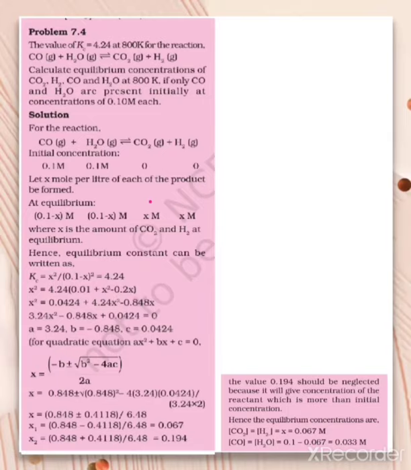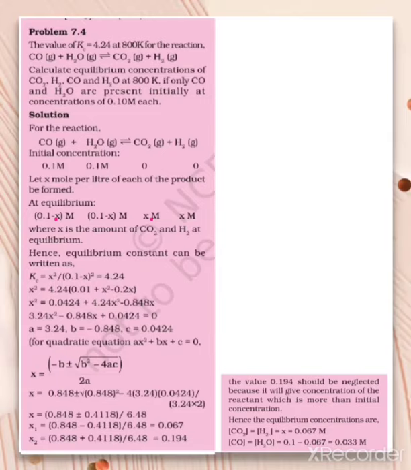As we know, when the reaction takes place, the reactants go on decreasing and the products go on increasing. So how much of the products are formed, that much is decreased. So x M concentration of products is formed, that means x concentration of reactant is reduced.